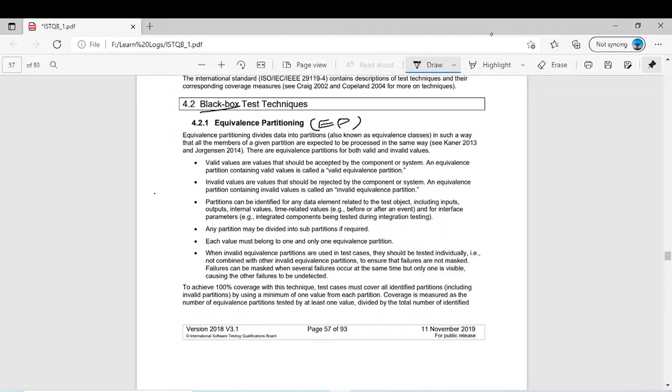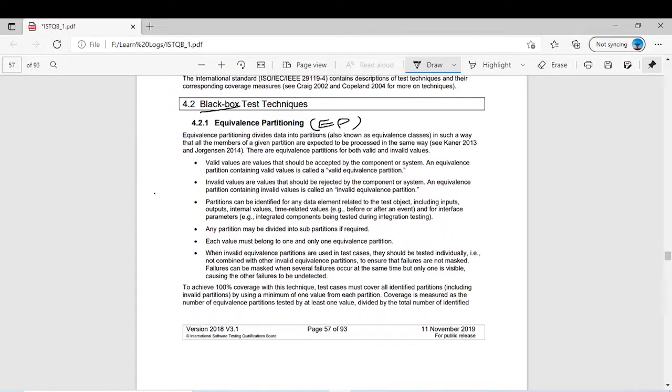So the main question is, what is equivalence partitioning and how does it work? Normally it is widely used in test scenarios where we have ranges, and for one particular range we have to take only one value.